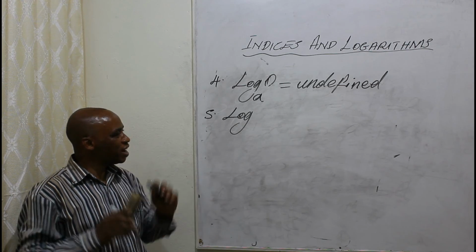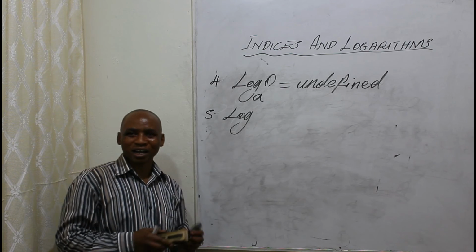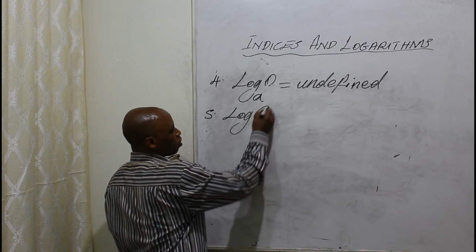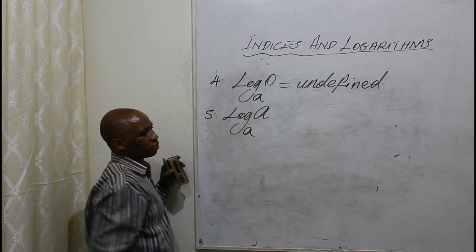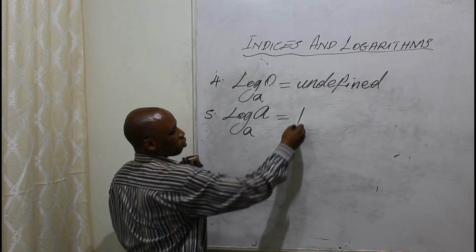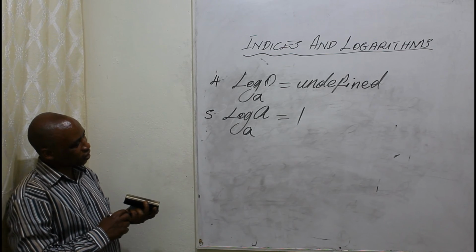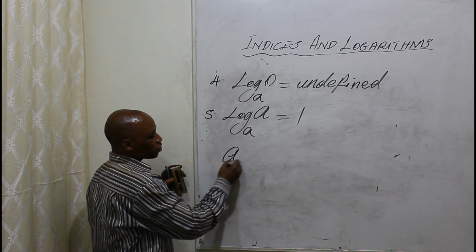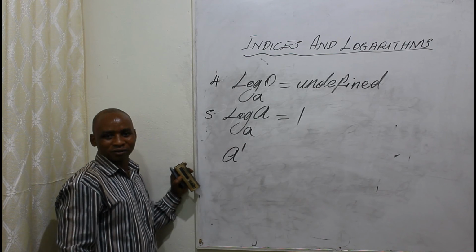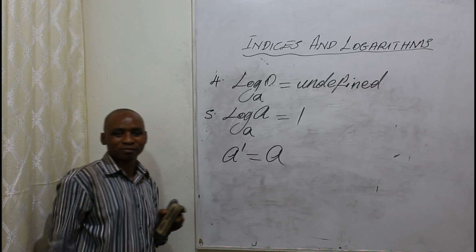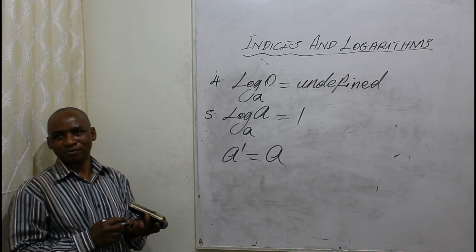The log of any number to the same base as the number is always equal to 1. So let's say you have the log of a to base a is equal to 1. Why? Because it is only a raised to the power 1 that will give you a and nothing else.